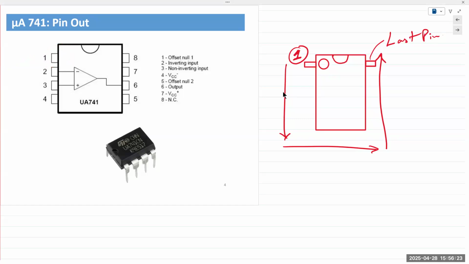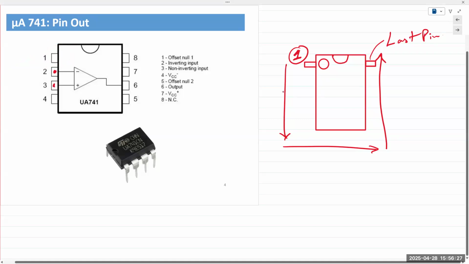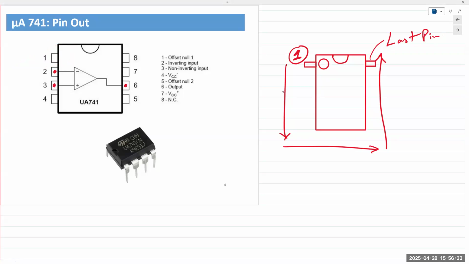So in the 741 chips, doesn't matter who manufactures this, the pin out for a 741 is standard. Okay, there are multiple manufacturers all across the world who make and sell these. The pin out remains the same. Anybody who has a license to create this op amp chip, pin out remains the same, and that's what you have in your lab kit.